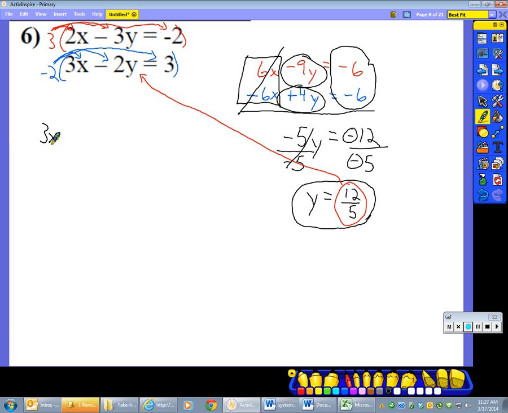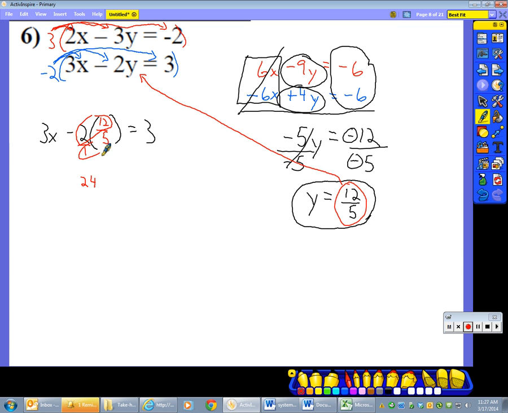So we have 3x minus 2 parentheses equals 3, and in the parentheses I'm going to put 12 over 5. I'm going to turn that 2 into a fraction, 2 over 1. Now when I multiply 2 times 12, that's going to give me a 24.